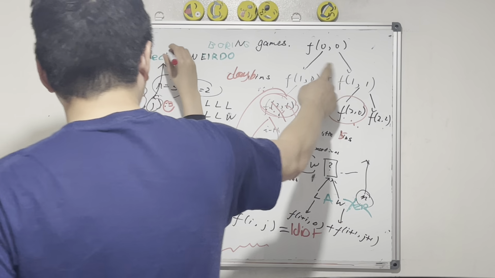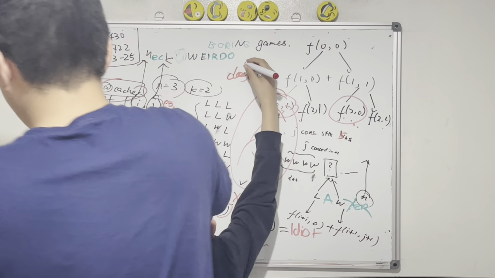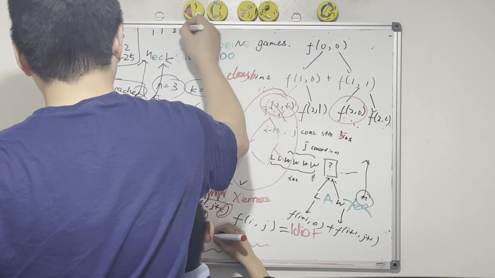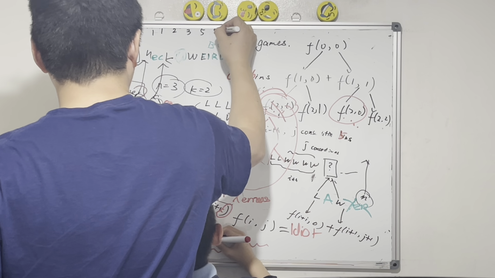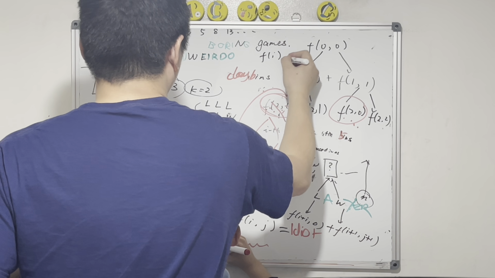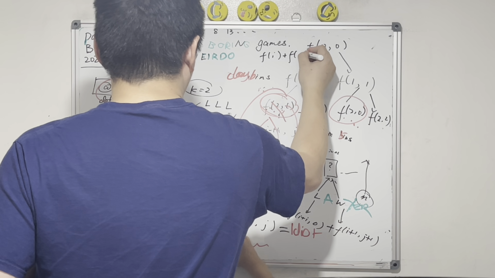This is quite similar to the Fibonacci numbers, remember? What's the Fibonacci sequence? 1, 1, 2, what's the next number? 3, 5, 8, 13, 21, 34.